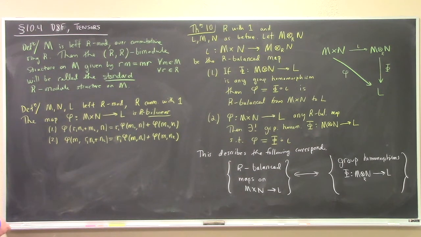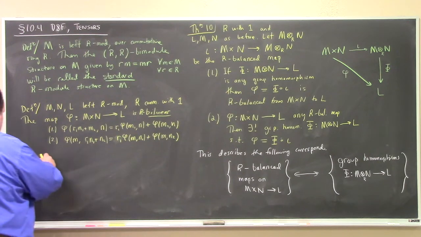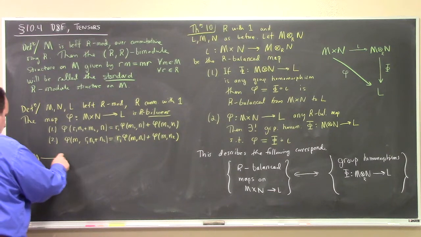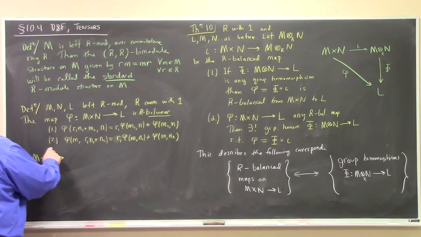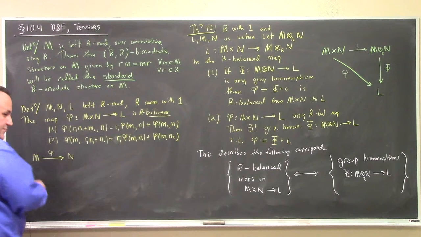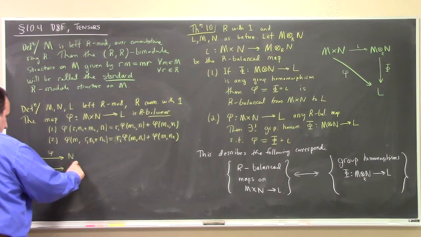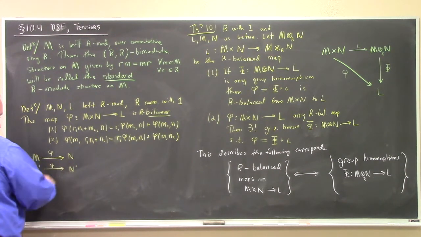So suppose you have M mapped under phi to N, both R modules, and you have M prime mapped to N prime under, let's say, psi.